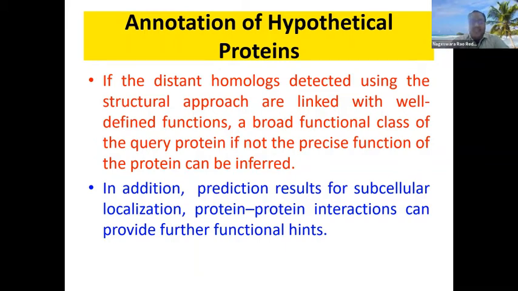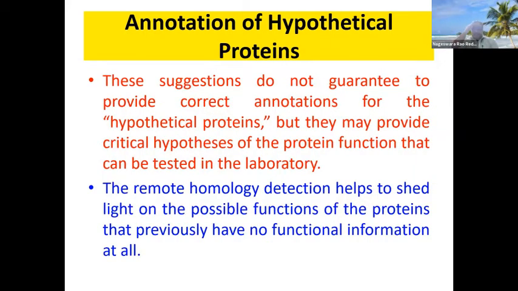Protein-protein interaction. I think you people have already done protein-protein interaction using STRING, isn't it? That STRING is again one way of getting or predicting a hint for the function of a protein. So protein-protein interaction may also tell us the function of a protein.